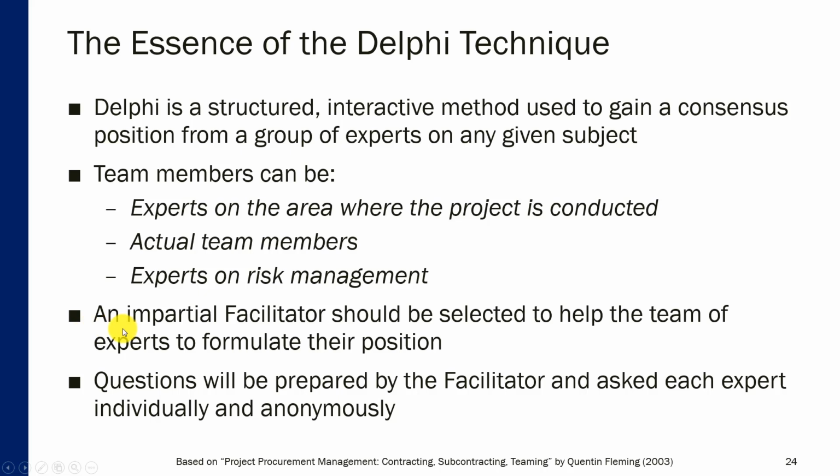Just like in brainstorming sessions, an impartial facilitator should be selected to help the team of experts to formulate their position. And typically, a facilitator should start the collaboration by preparing some kind of list beforehand. For example, if we're talking about risk management, then the facilitator can prepare a preliminary list of risks, or a preliminary list of questions that will be asked to identify those risks.